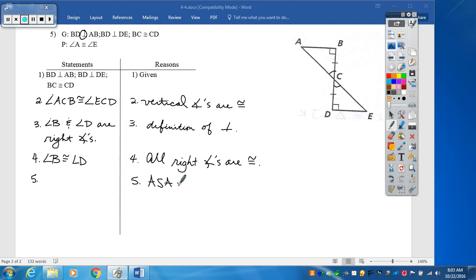And so I'll go ahead and put down here, let's see, triangle ABC is congruent to triangle EDC. Okay. And then as a result, I would then know that angle A is congruent to angle E, again by CPCTC.